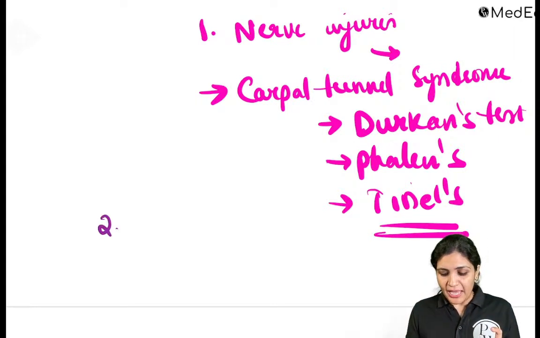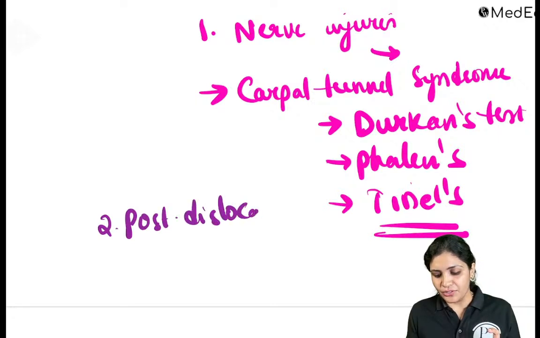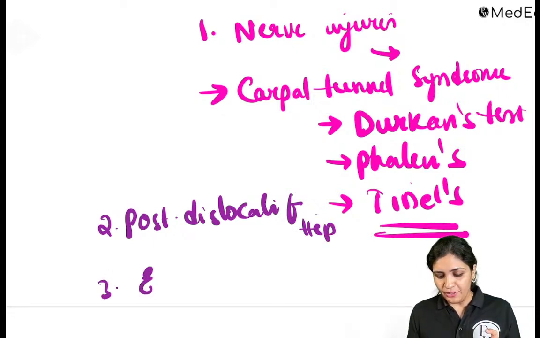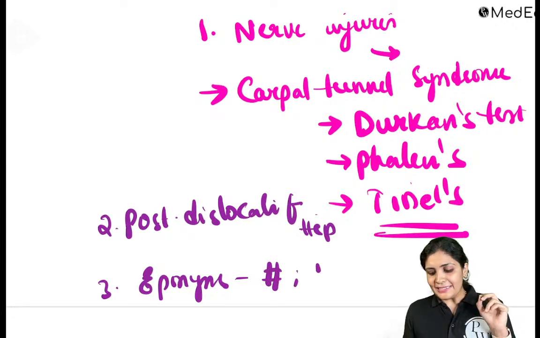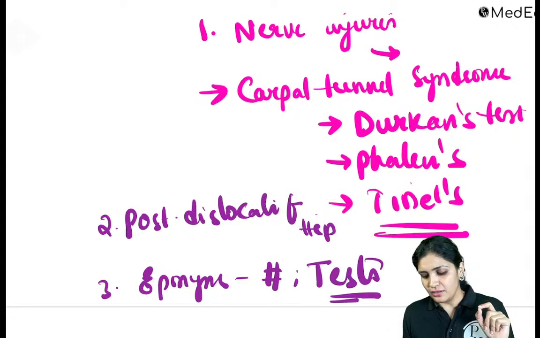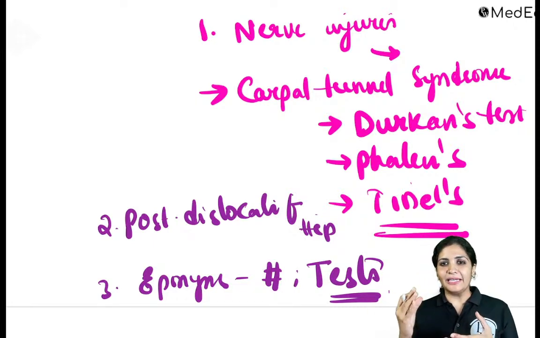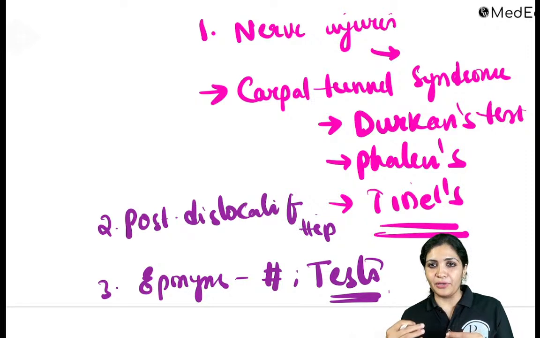Then you're going to read the posterior dislocation of the hip. I've told you this is a very important area. Then you're going to read the eponyms of the fractures and certain important tests. These are important areas you have to brush up, which need a little bit of memory.